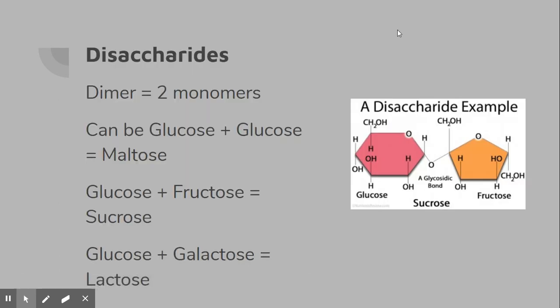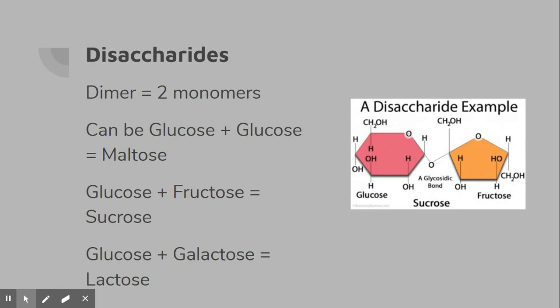Now, when 2 monosaccharides come together, we get a disaccharide. We call one a monomer, and then 2 monomers together make a dimer. And there are 3 possible combinations. If it's 2 glucose monomers coming together, that becomes a disaccharide called maltose. And that is, I mean, literally the only thing I know maltose is in is malt, like in malt beer.